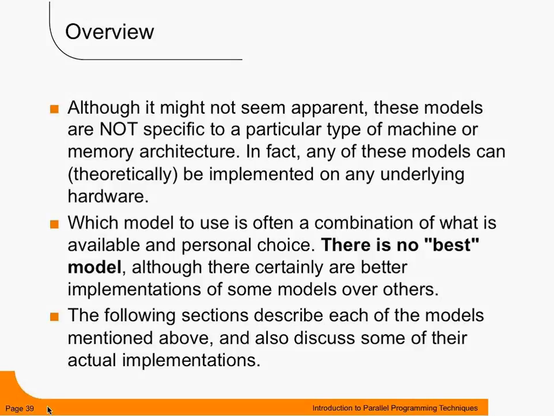You can apply any model to any architecture, but you need to think about which may be better suited. So if I want to run my code on Kraken, I need to think, is it going to be helpful for me to use MPI? Can I use some other model on Kraken? There are bad choices, but there is no single best choice.